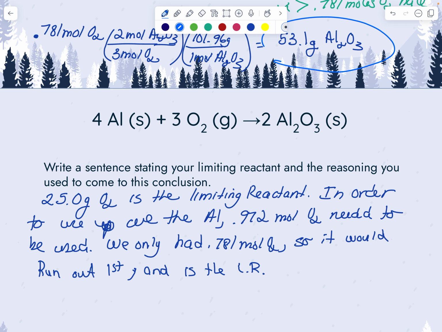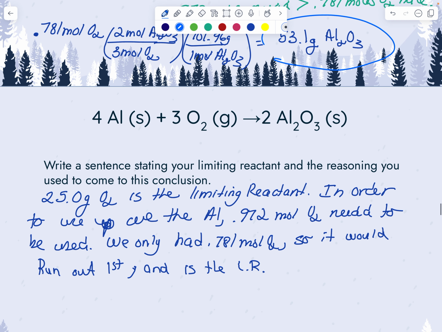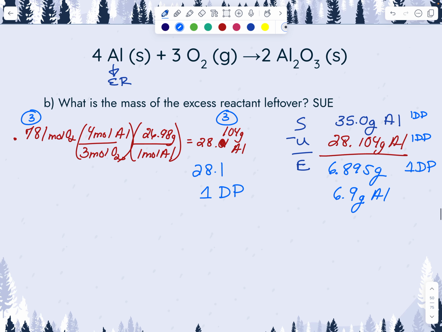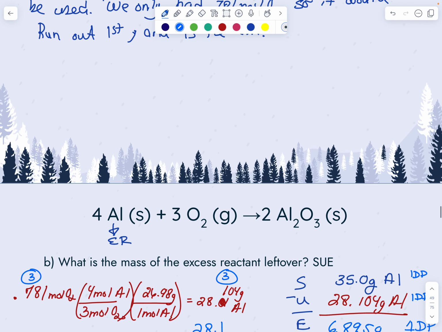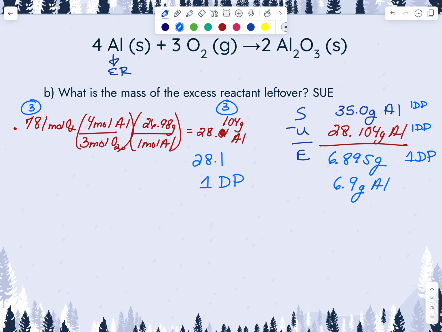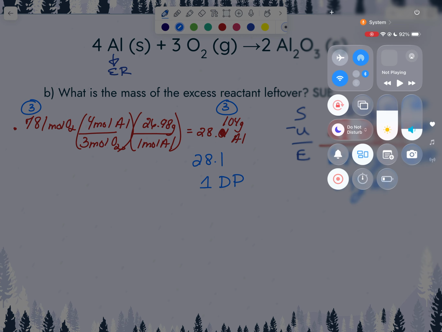I have 53.1 grams of aluminum oxide made and 6.9 grams of aluminum left over. So I started with 60 grams of materials and I ended with 60 grams of materials. That means that the law of conservation of matter was demonstrated.